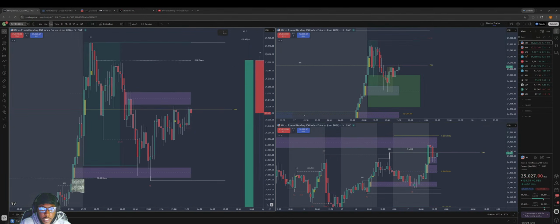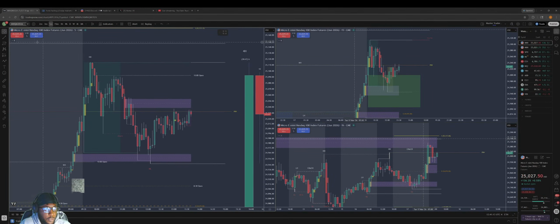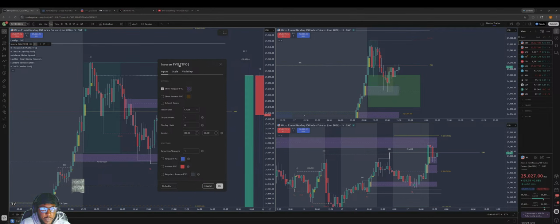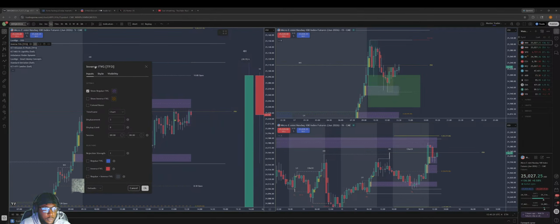Okay, look. So check out my 5 minute time frame. The gap indicator I'm using is called the inverse FVG TFO. And how you look for this?